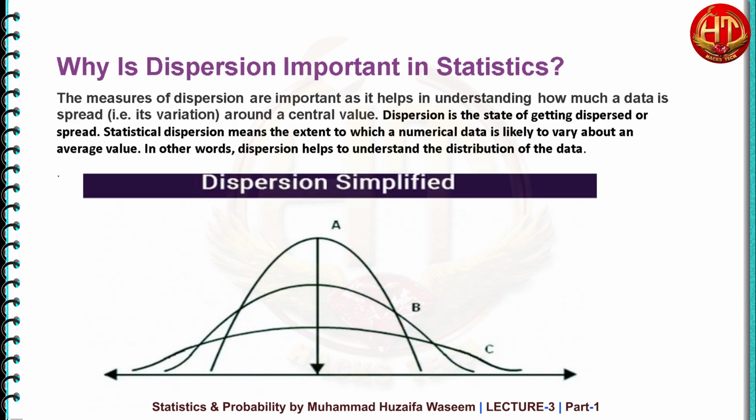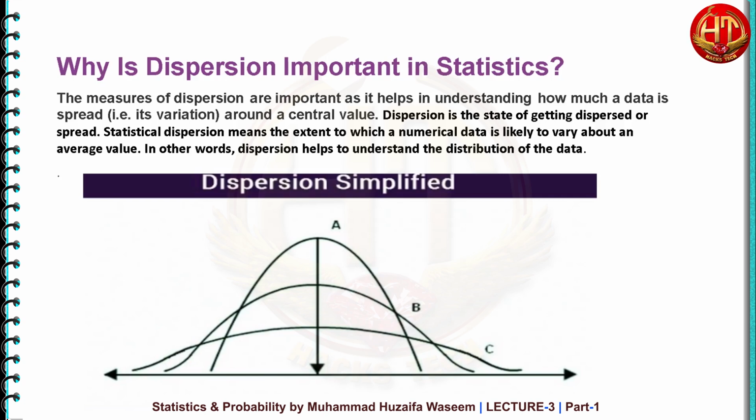Why is dispersion important in statistics? The measures of dispersion are important as they help in understanding how much our data is spread or varies around a central value.